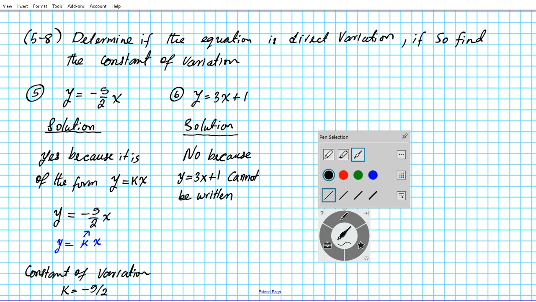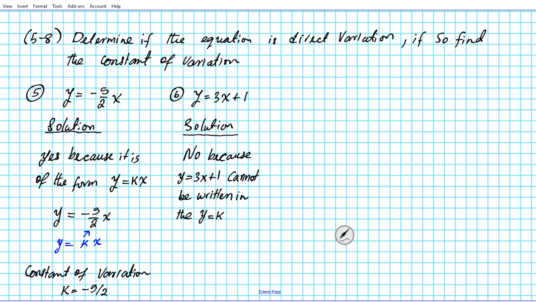Whatever algebraic procedure you carry out on this, you can't make it y equals kx because 1 is being added on to it. Okay, how about the equation 3y equals negative 12x?